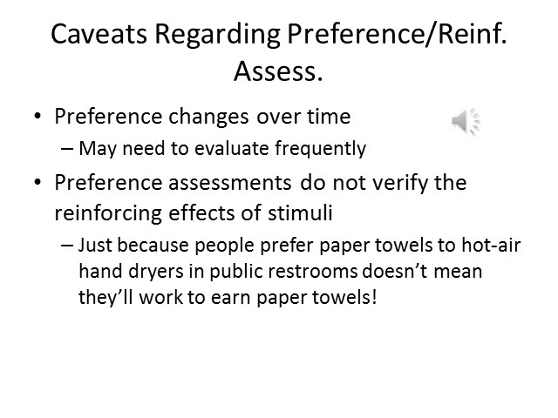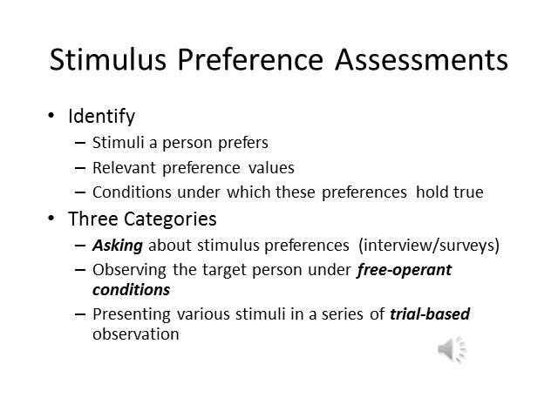In preference assessments, the idea of doing something more than just asking someone doesn't necessarily mean we're going to be able to directly and clearly say that something is a reinforcer. The best we can do with these things, the most accurate, is to identify what is a preference and then to try it out. So through preference assessments, we can identify stimuli that a person prefers or someone thinks a person prefers.